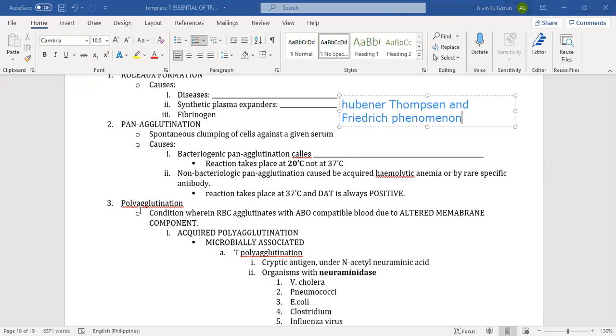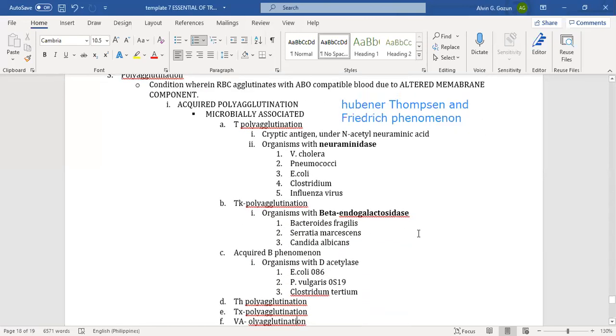Okay, so polyagglutination naman, condition wherein RBC agglutinates with ABO compatible blood due to altered membrane component. Okay, may problem daw dun sa membrane ng RBC. Example, acquired polyagglutination, microbially associated. Ang tawag dyan, T-polyagglutination.